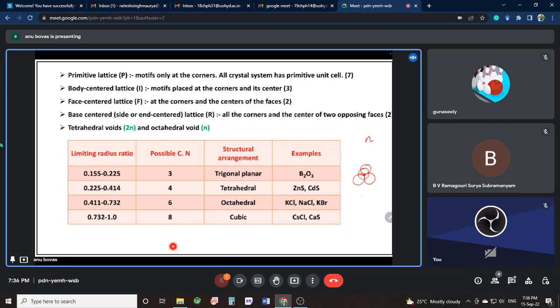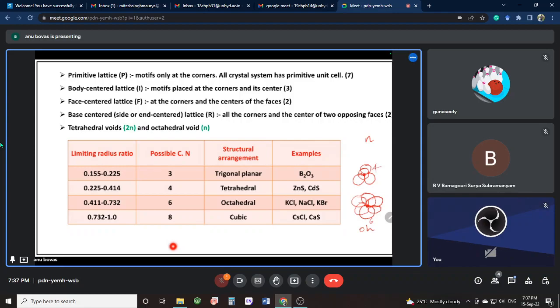Similarly, if we have 3 below and 3 above, and these 6 come in contact with a small gap in between, this becomes an octahedral void. The space between 6 spheres is an octahedral void and between 4 spheres is a tetrahedral void.